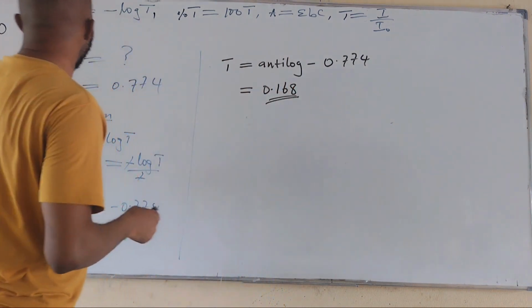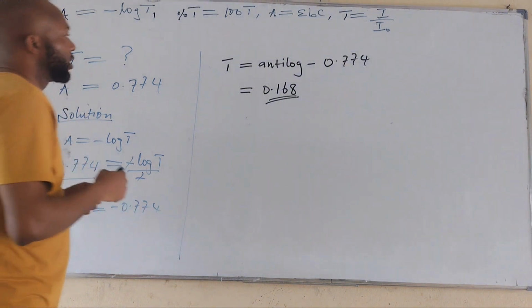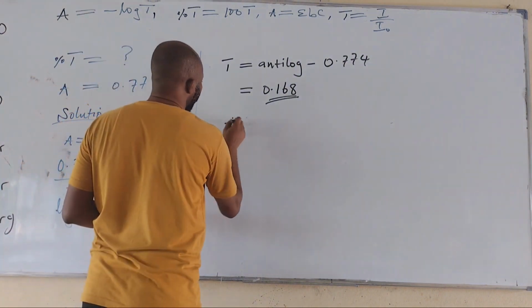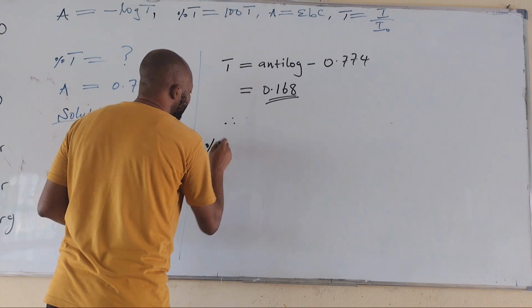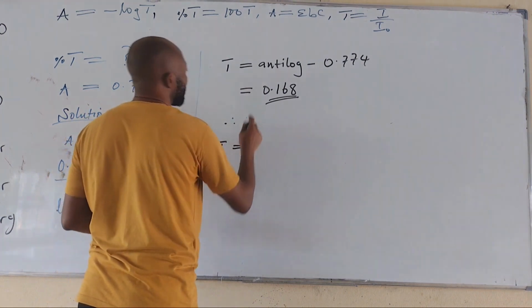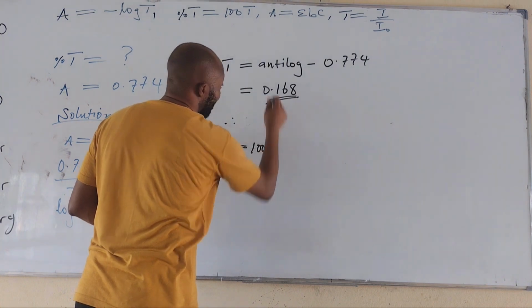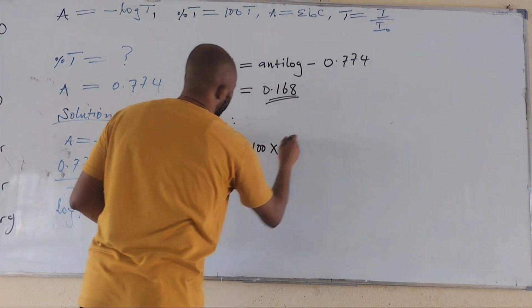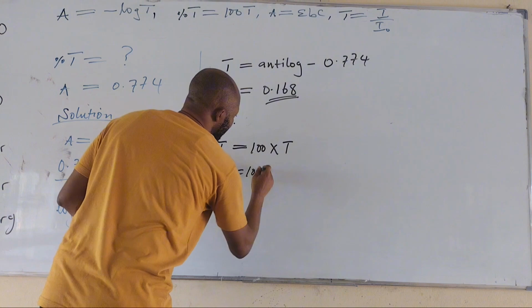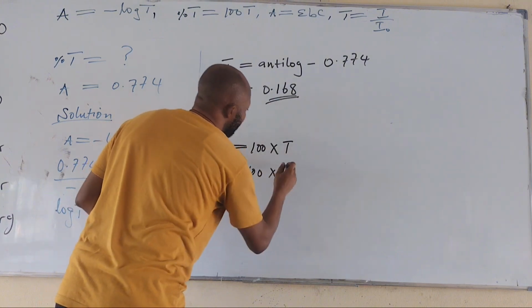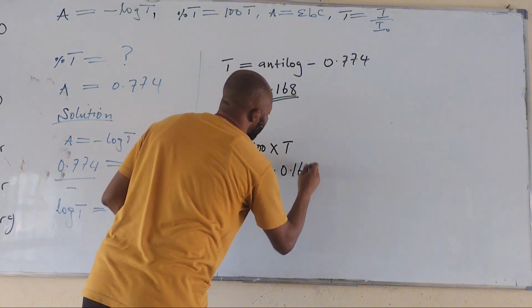But what I'm looking for is percentage transmittance. So, therefore, the percentage transmittance is equal to 100 times transmittance. And this is equal to 100 times the transmittance here, which is 0.168.